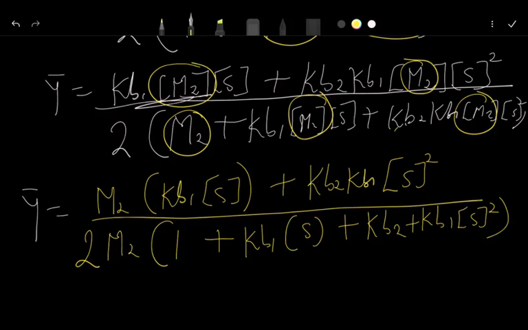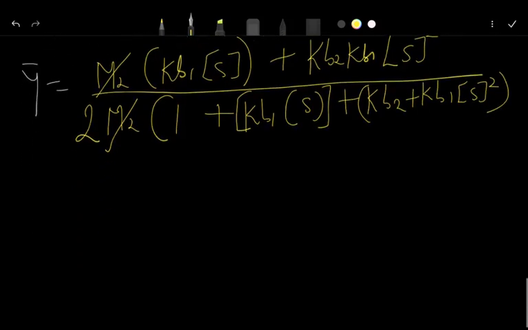So this now is our equation, for the Adair equation for a dimeric protein. If you don't want to simplify more than this, you can stop here.